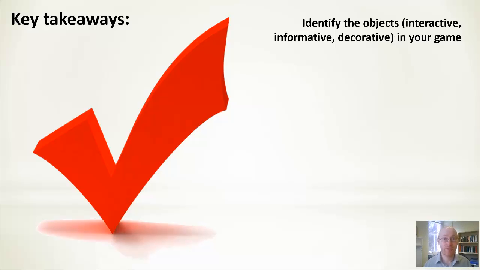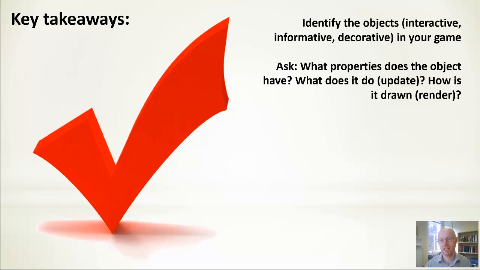Hopefully, you'll start off first of all by thinking about the objects that you have within your game. What comprises it? And then trying to define those objects in terms of, well, what do they do, what things do they need, what graphics do they use, and so on. Beyond that then, you want to ask, okay, properties, how does it update, how is it drawn?